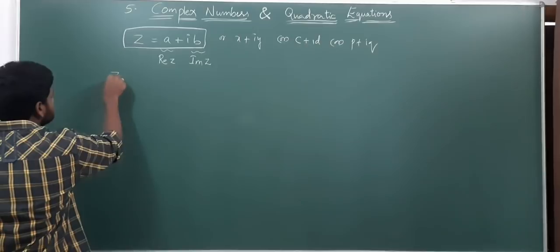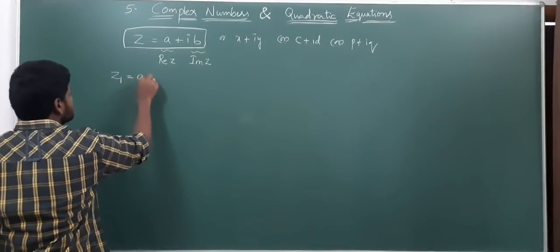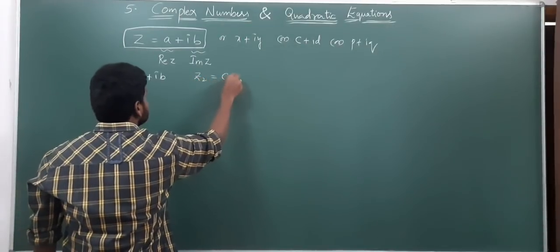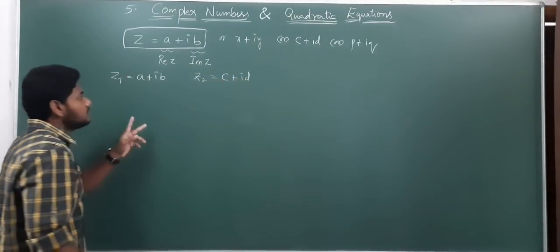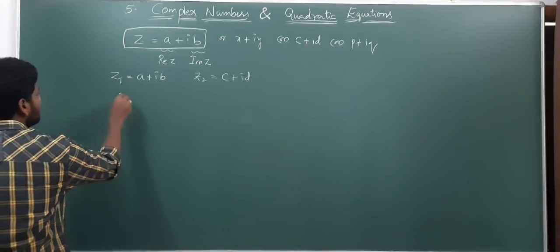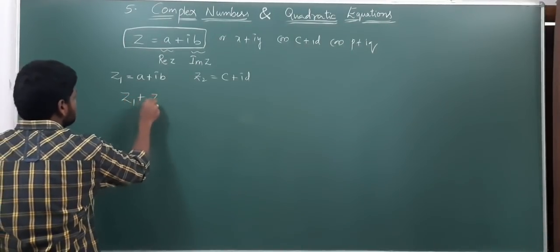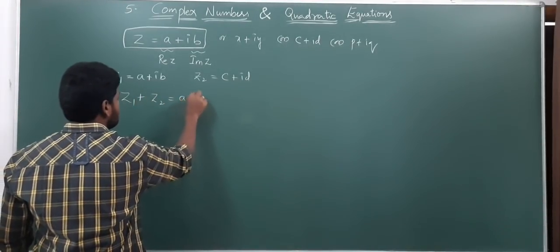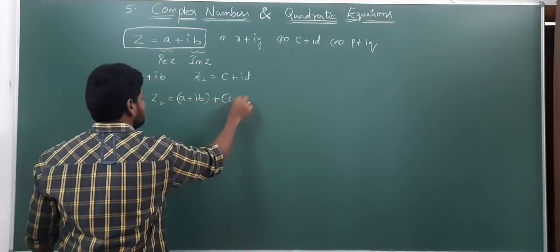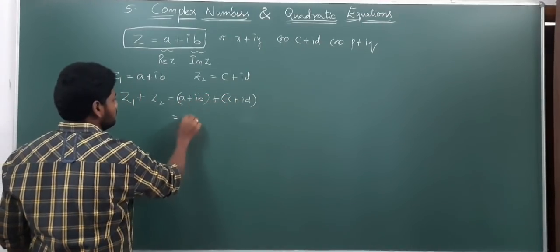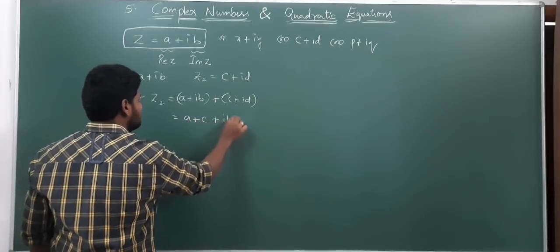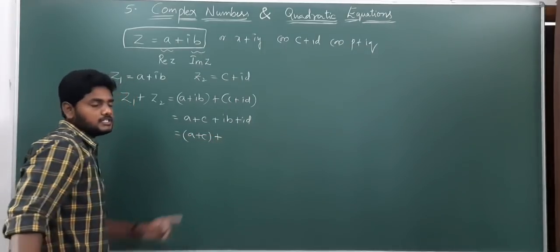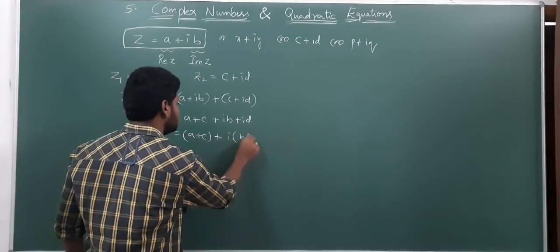See, if we consider Z1 equal to a plus ib, and Z2 equal to c plus id, so I consider two complex numbers. If we add both, Z1 plus Z2, what do we get? a plus ib plus c plus id, which results in a plus c plus ib plus id. If we take i common from the last two, we get a plus c plus i times b plus d.